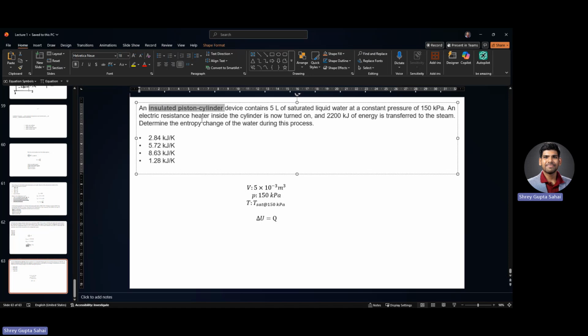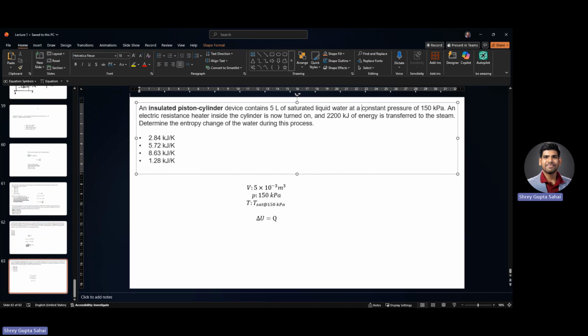Now, you know that the pressure is not going to change. The piston part of the system will be exposed to constant pressure because some weights must be kept on it or something, so that pressure remains constant.